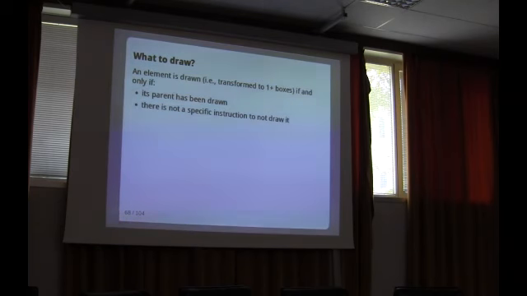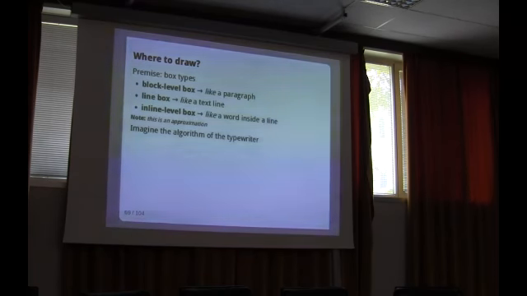So, in first approximation, each DOM element should become a box element. But if you specify, in a way that we'll see later, not to draw something, then you will not transform that element, and neither its children. Okay.